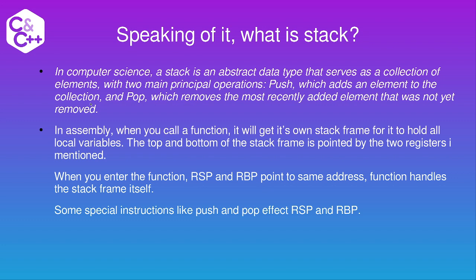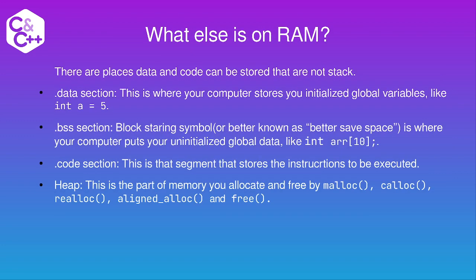The function handles the stack frame itself. Some special instructions like push and pop affect RSP and RBP. The push instruction will decrement RSP, and pop will increment RSP, stuff like that. It basically means adding something on the stack and removing something.